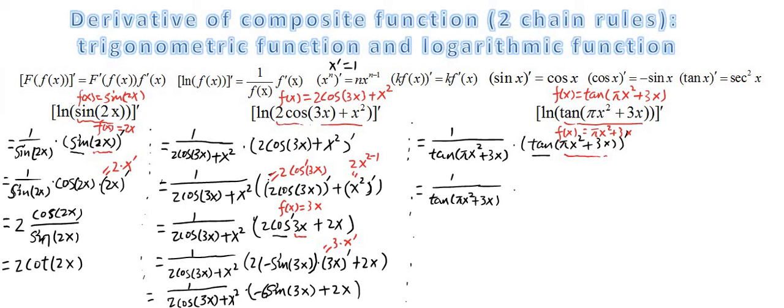And the derivative of tangent is gonna be secant squared. And f(x) is pi x squared plus 3x, times the derivative of f(x). So we have pi x squared plus 3x prime.